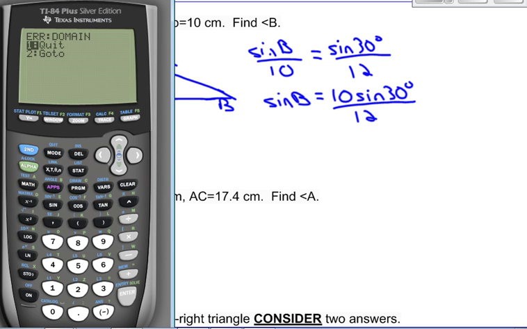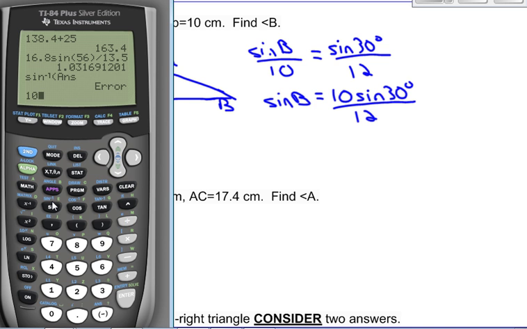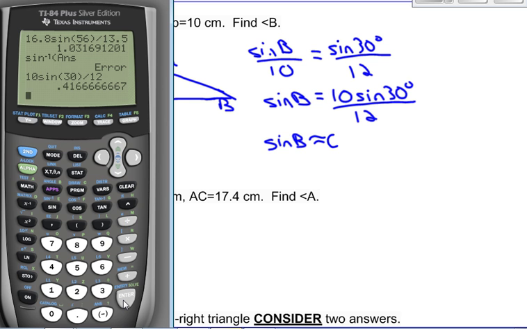Send that to our calculator. 10 sine 30 divided by 12 gives us 0.416. So B is the inverse sine of that.